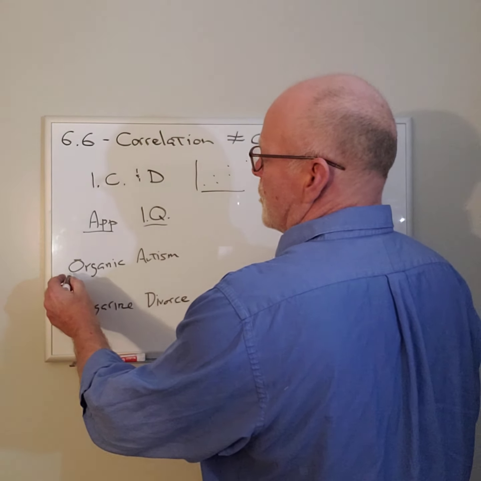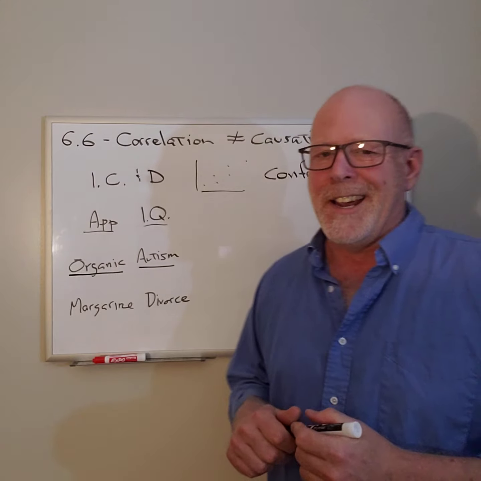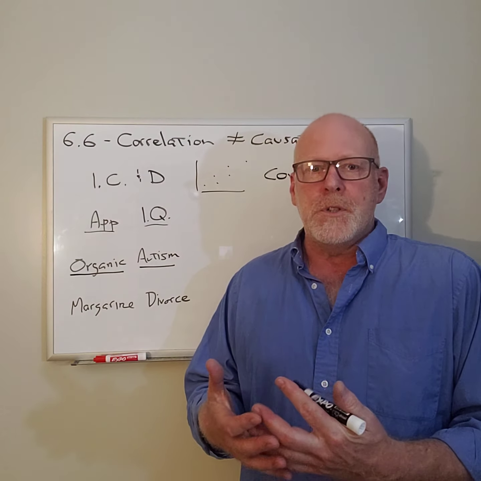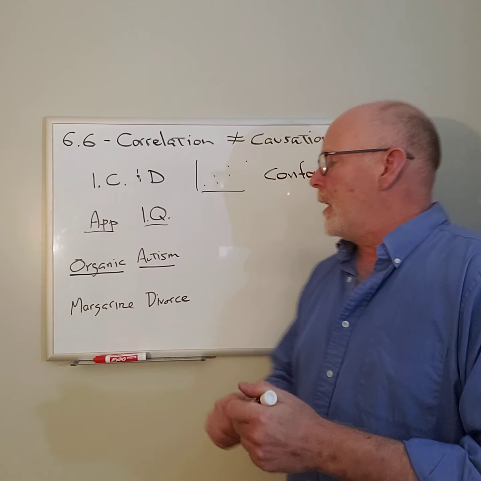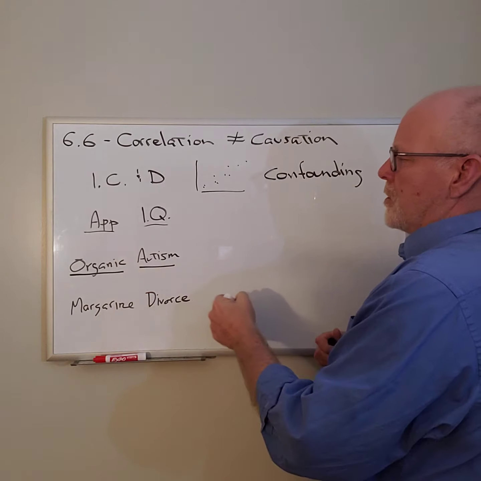This one I find a little bit interesting, and this is the kind of thing that you run into in society. People will say organic foods cause autism. Look, I can show you that the sales of organic foods go up and autism goes up too.